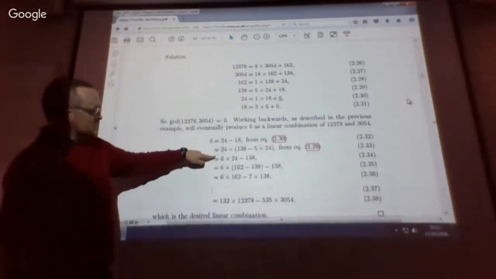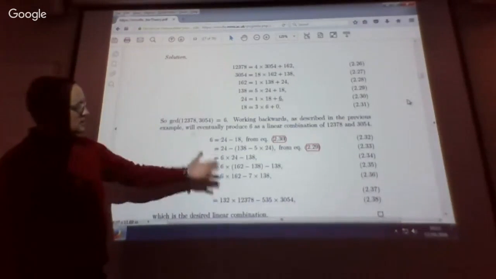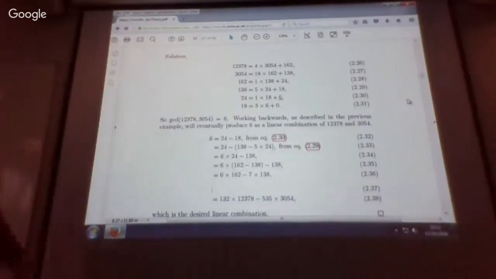You can see that process begun here. We do the first few steps of it, and then we're just saying, just keep going. Then at the end, you see the coefficients come out as 132 and minus 535. So that's the Euclidean algorithm, giving us the GCD and giving us the linear combination of the original two inputs that's equal to the GCD.